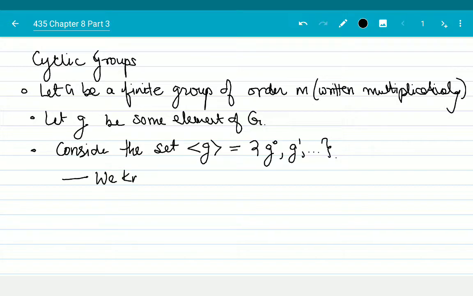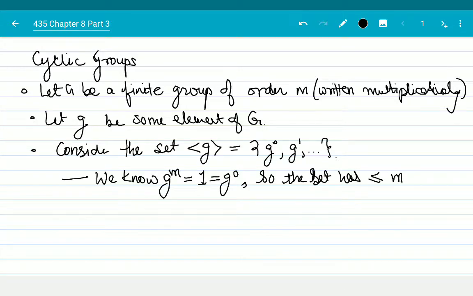We know g to the M is equal to 1, which is equal to g to the 0. So the set has less than or equal to M elements.